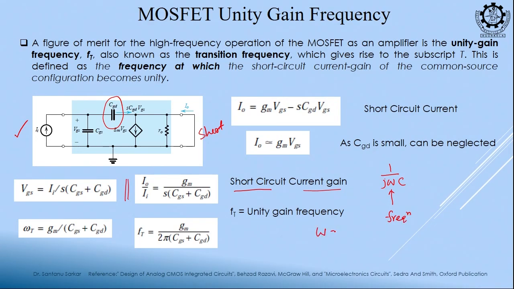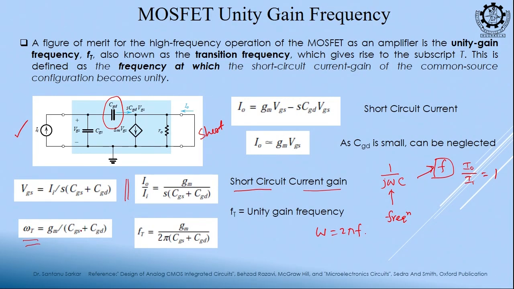Omega is equal to 2 pi f. So, we can get a frequency where this I0 by Ii is 1, right. From this ratio I0 by Ii, we can find a frequency omega t.